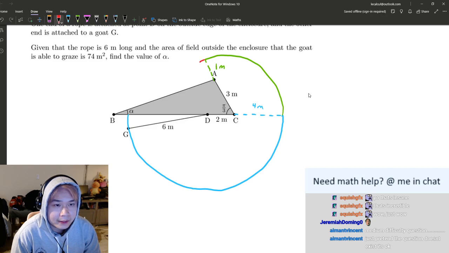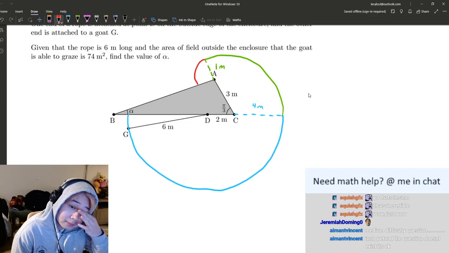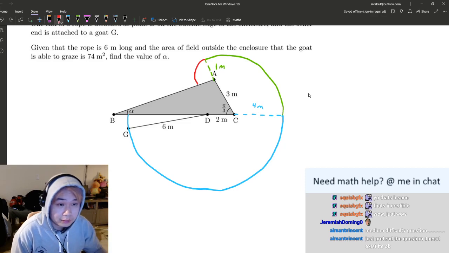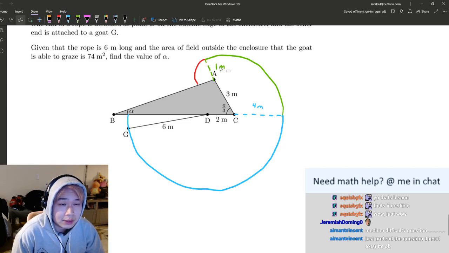And then it'll rotate around here. So let me just change the color so that this makes more sense.